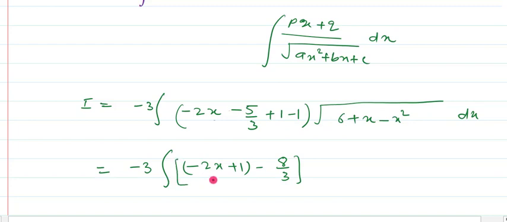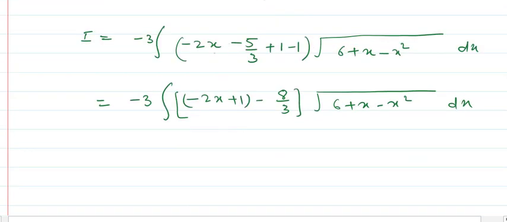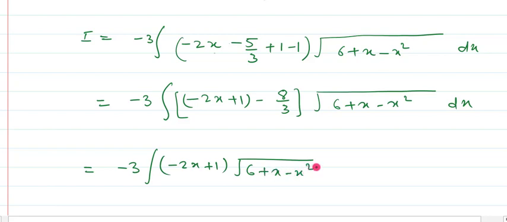So we are left with two terms. It is square root of 6 plus x minus x square dx. Now multiply this quadratic polynomial with this as well as this and segregate the two. So it is clearly minus 3 into integration of minus 2x plus 1 into square root of 6 plus x minus x square dx.